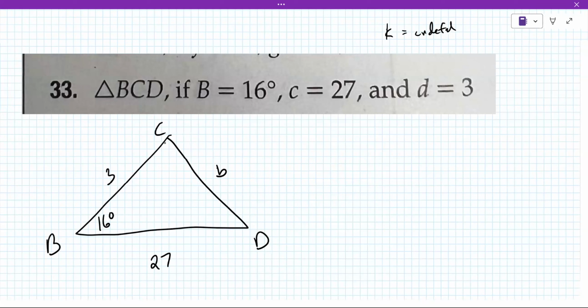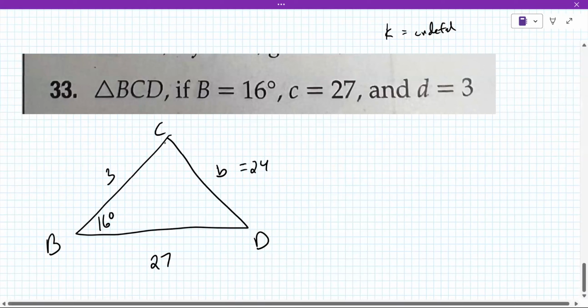Okay, that sounds good. Make sure you take a square root of all that. I got 24.1. Yes, very good. So this is 24.1. So use that information to solve for either angle C or D.